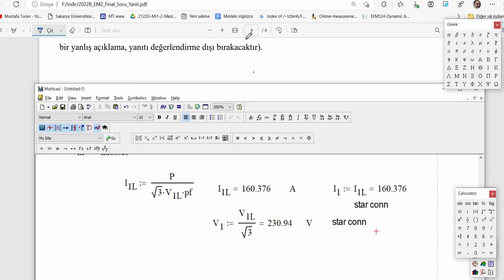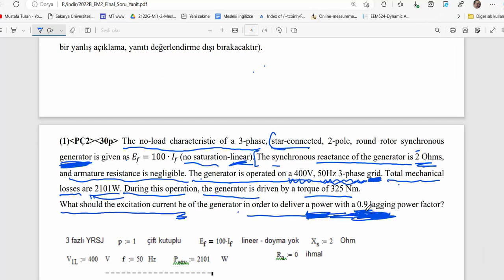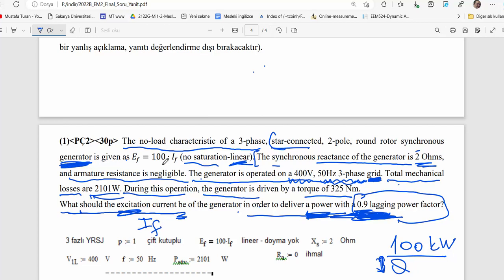Now, ladies and gentlemen, the question: to deliver such an active power, but at a power factor of 0.9 lagging, together with some reactive power that we don't know yet, what is the excitation current, which is the field current? The field current relation is given here from the no load curve, so you should calculate EF first.